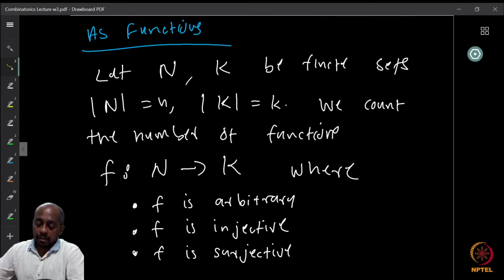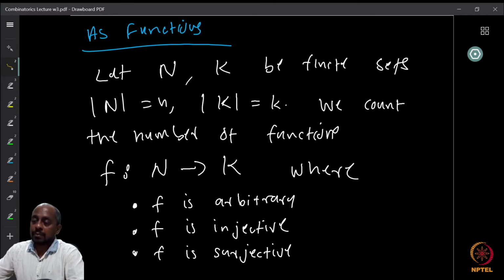So we can also look at this question in terms of functions, as many of you might have already immediately noticed. Let us say that your sets are N and K, finite sets, where the cardinality of N is equal to n and the cardinality of K is equal to small k, right?